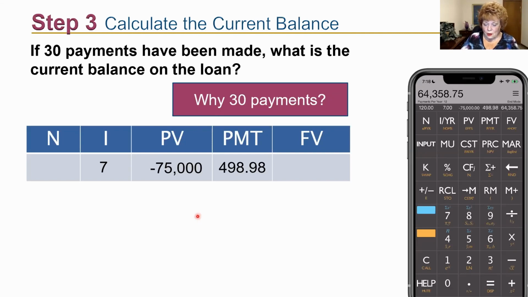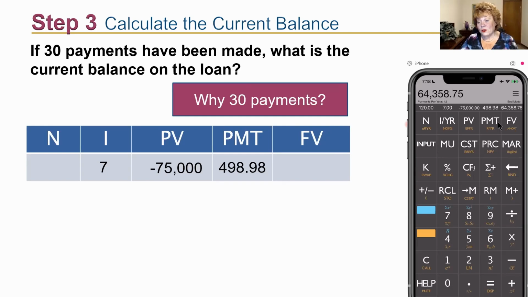Okay, so these figures are already in our calculator. Remember, if you do not erase the calculator, all of these numbers stay there, as long as you don't erase any of them or replace them. If you drop a different number into N, that's going to change it, and it's also going to have an effect on these other 4 numbers.